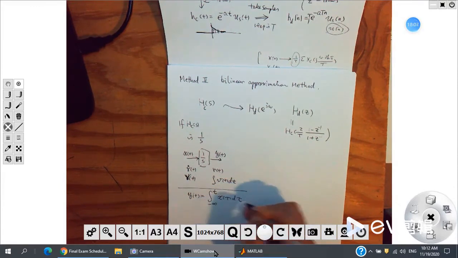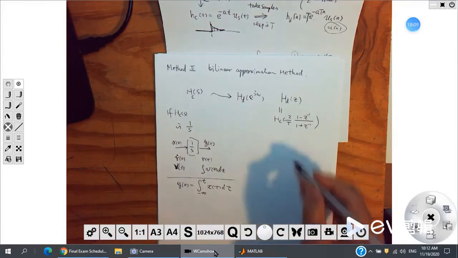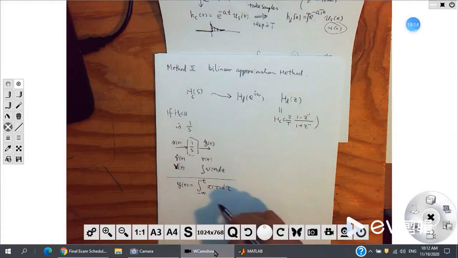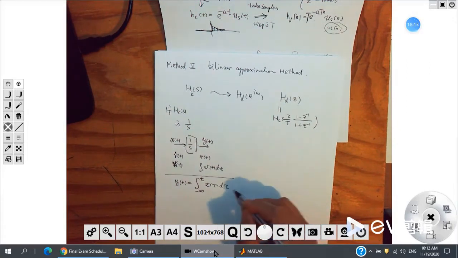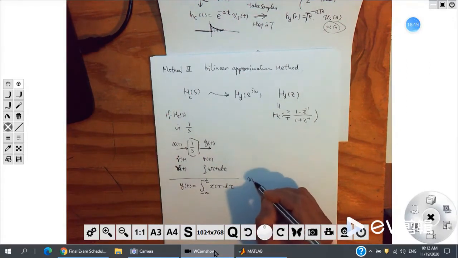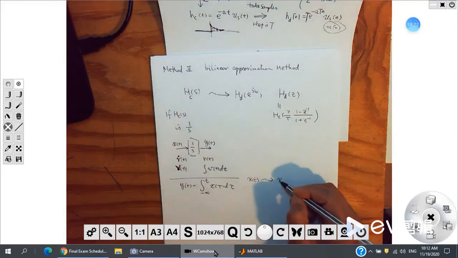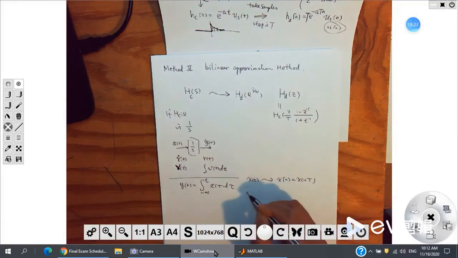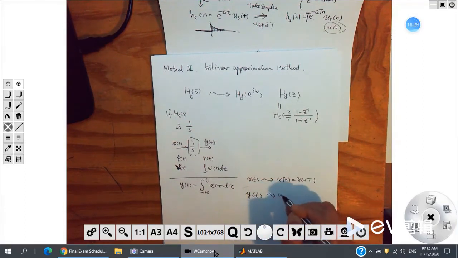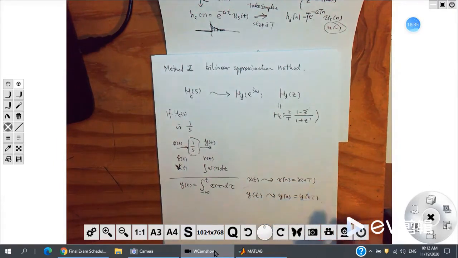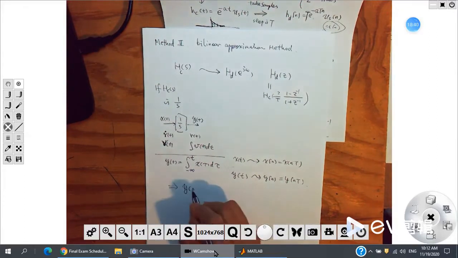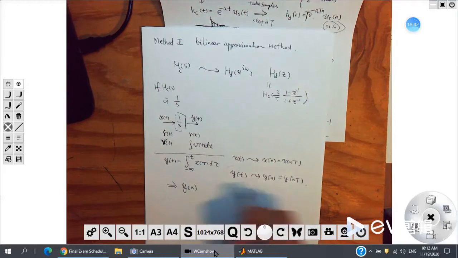And on this side we have a discrete-time signal, so there will be a symbol for it. x(t) corresponds to x[n], which is x(nT), and y(t) corresponds to y[n], which is y(nT).